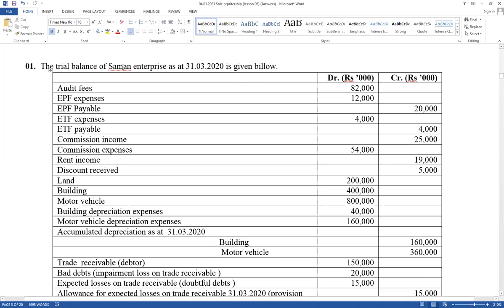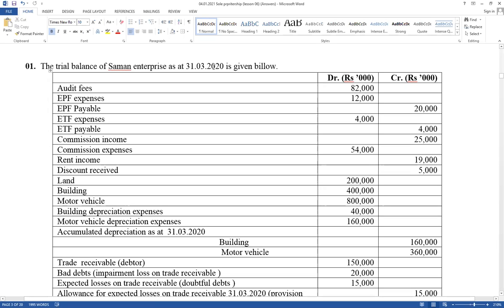Today I'm going to discuss lesson 6, sole proprietorships. Already I have discussed lesson 1 and lesson 2 accounting equation, lesson 3 double entry system, as well as prime entry books.